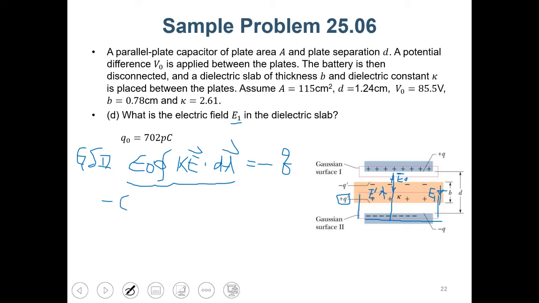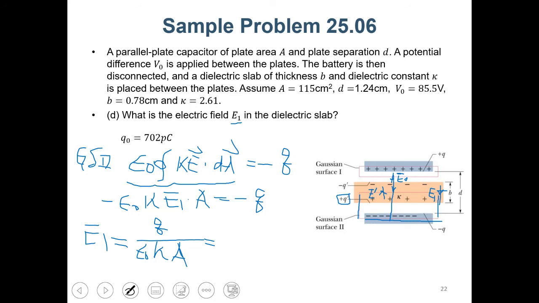So it will become negative epsilon naught kappa E1 A. So the left side will look like this, and then the right side will be negative Q. So it turns out that E1 would be Q over epsilon naught kappa A. So we plug in the values.